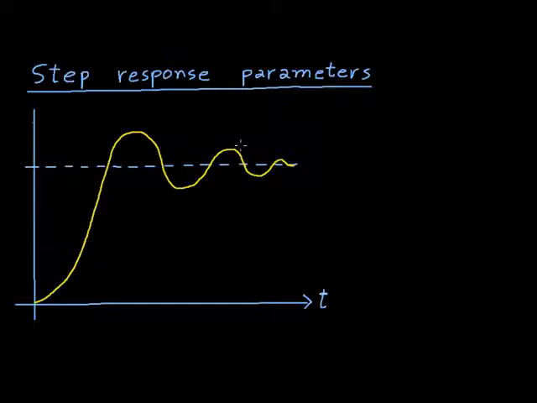Now, there are 4 fundamental parameters related to the transient response of a system to a step input. And here we're going to use this example of output y of t of a system to define those 4 parameters.